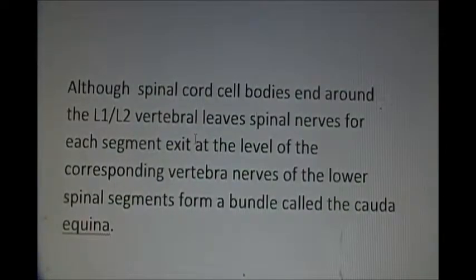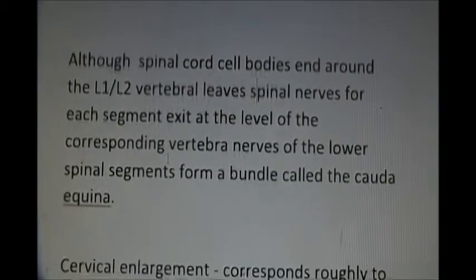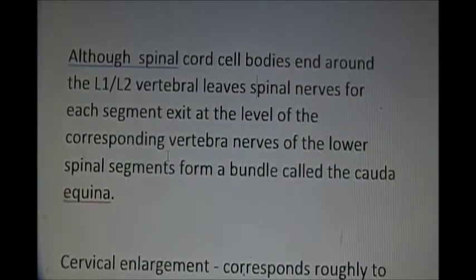Although the spinal cord ends at the lumbar 2 vertebra, the corresponding spinal nerves arise from their corresponding vertebrae, and they travel in the space between the spinal cord and the vertebral canal, and these nerves form a bundle of nerves.